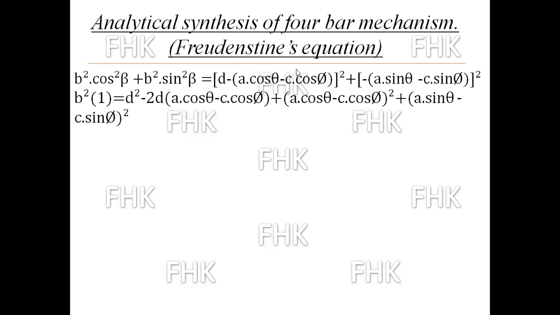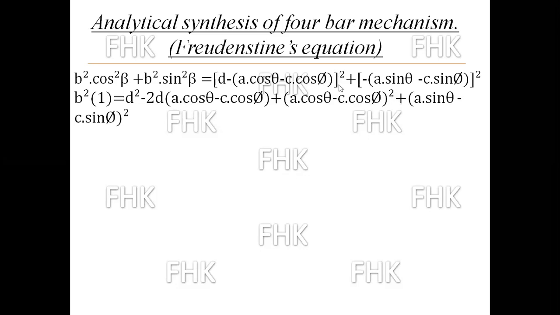So a minus b square, a square minus 2ab plus b square, so d square minus 2ad cos theta, minus 2 into d into this term a cos theta minus c cos phi, plus squaring this term a cos theta minus c cos phi bracket square.